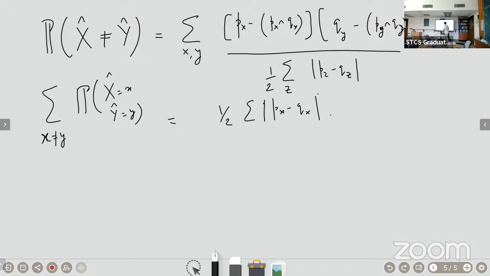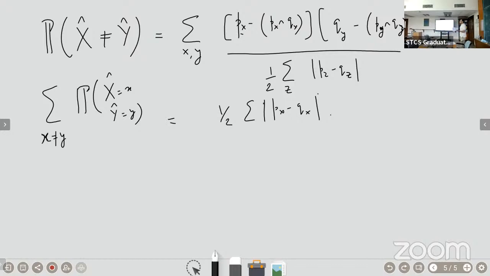So that is erased, but if you look at your notes, this is exactly what we see when I'm writing a random variable is not equal to a random variable. This is exactly what it means. Over all possible combinations where this takes value x, this takes value y, but they are not equal. That's precisely what this probability is. That x hat is not equal to y hat. It's just a long form derivation.